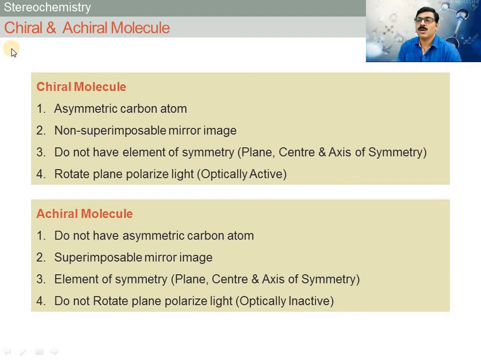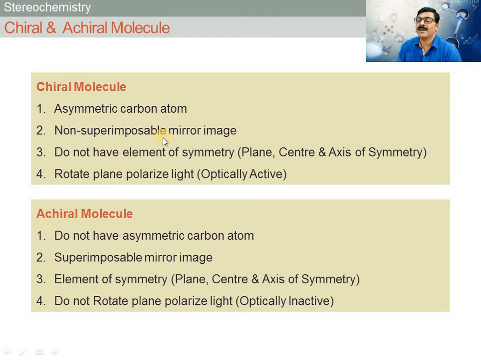Now on the basis of all these basic terms, you have to compare the chiral and achiral molecule. So which is the chiral molecule? A chiral molecule satisfies all four conditions. First, it contains an asymmetric carbon atom or chiral carbon atom. Second, it forms a non-superimposable mirror image.